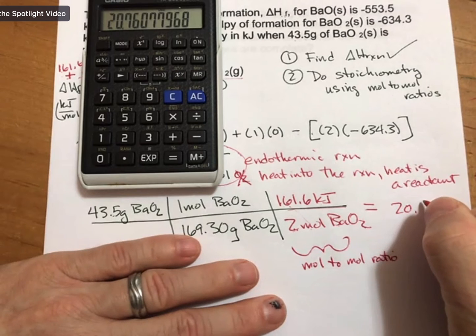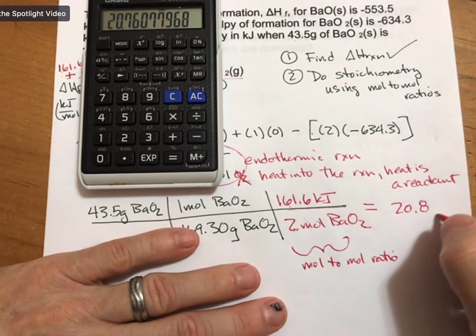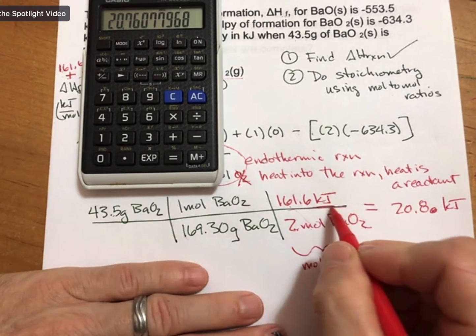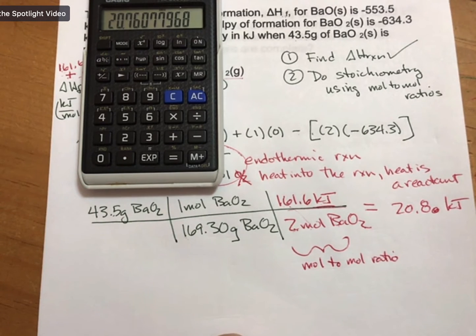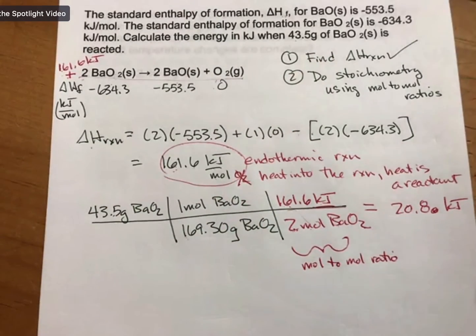And I would say I am going to round this to 20.8 kilojoules. That's my units. Though if you enter it into the homework system as 20.76, it will also, of course, accept it. Any questions about that?